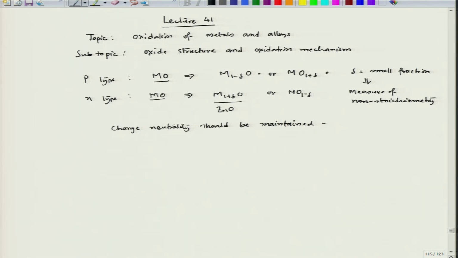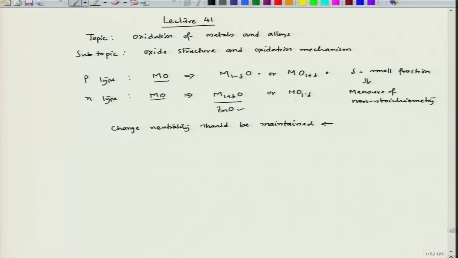And in order to maintain that, in case of zinc oxide we could see that there would be excess electrons. So, in that situation electron would be the charge carrier, and that is what is called n type. And interstitial zinc cations can exchange sites with the nearby vacant interstitial site, and then the diffusion of metal ion would take place.